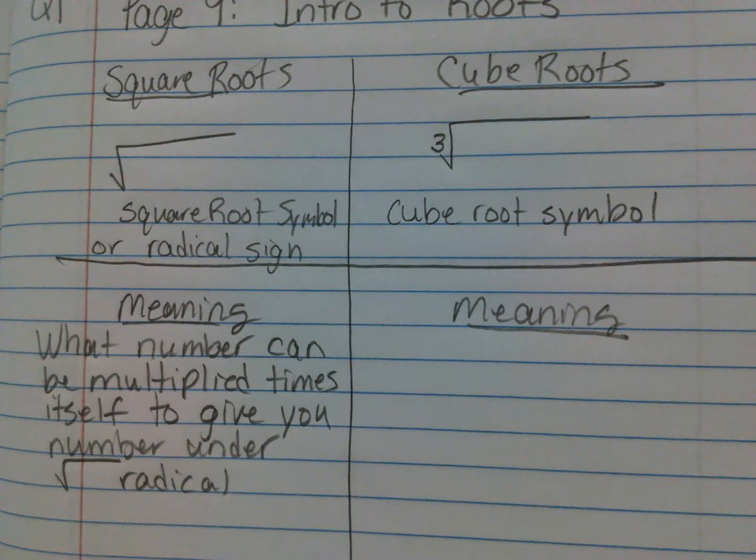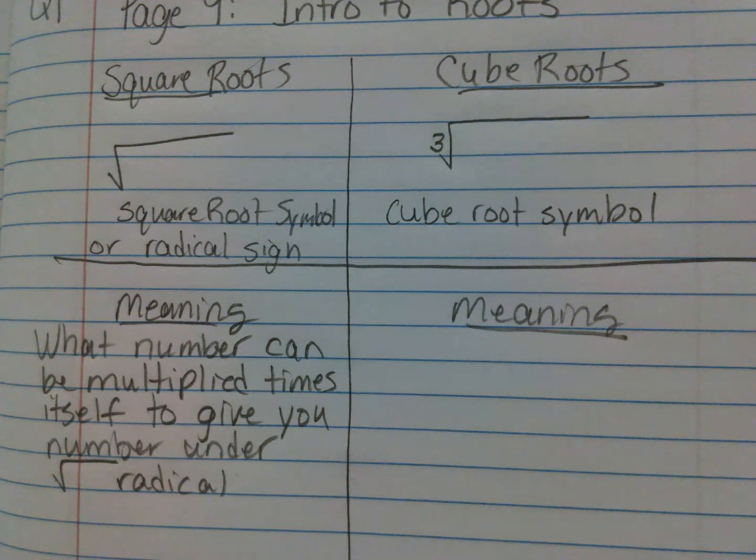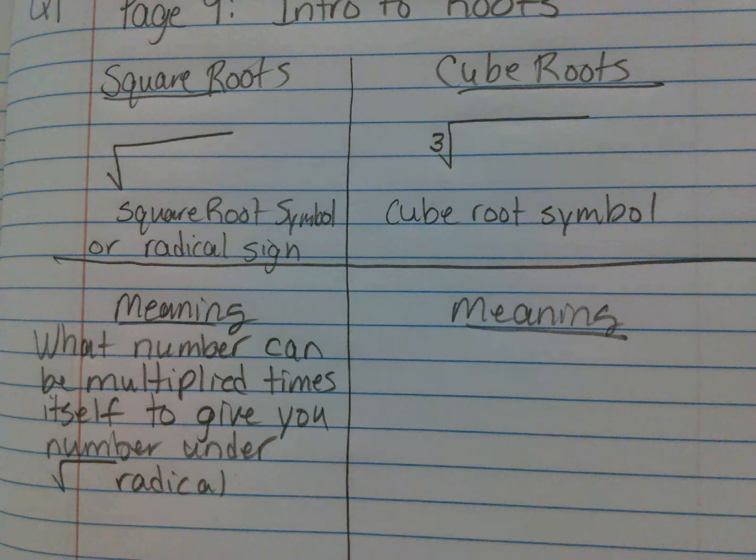That's what it means when you are looking at square root. When you're trying to find the square root of a number, they want to know what number can be multiplied times itself to give you whatever number they're asking you to find the square root for.